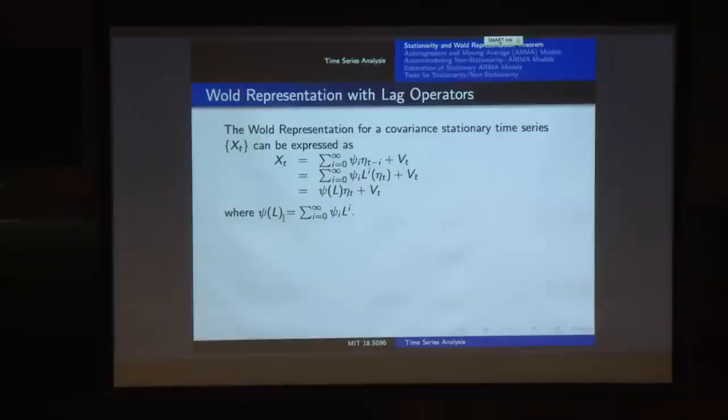So this notation is something that you need to get very familiar with if you're going to be comfortable with the different models that are introduced with ARMA and ARIMA models. Any questions about that?